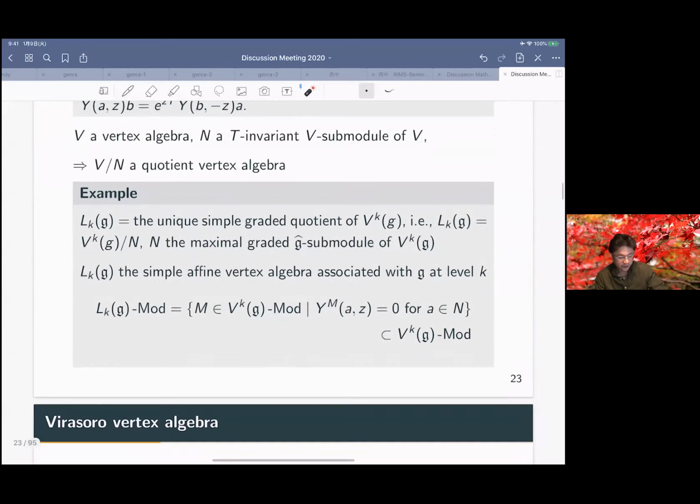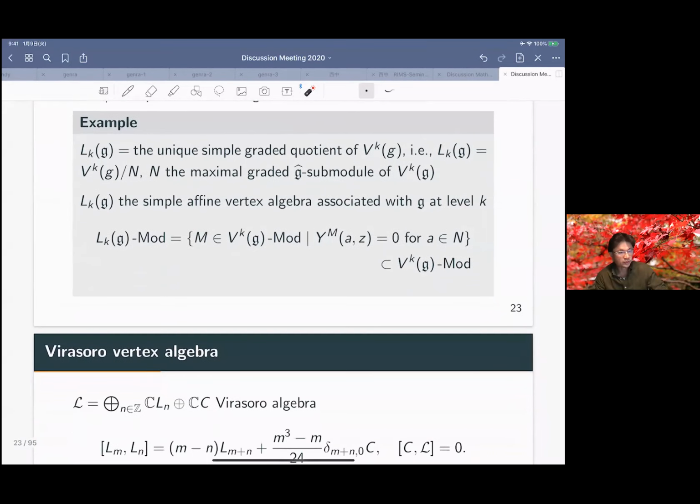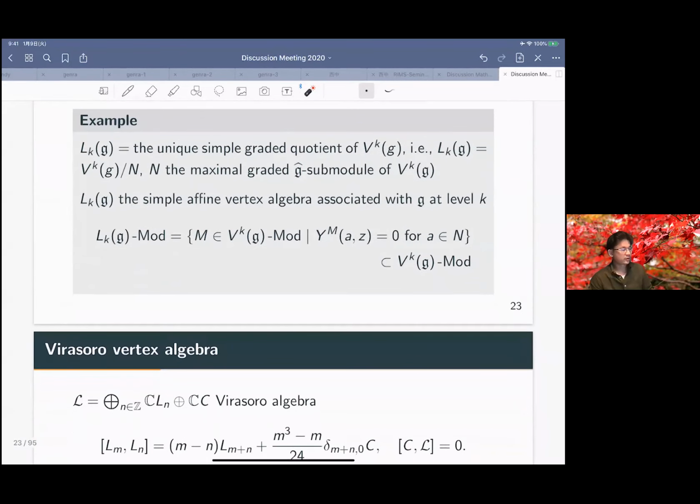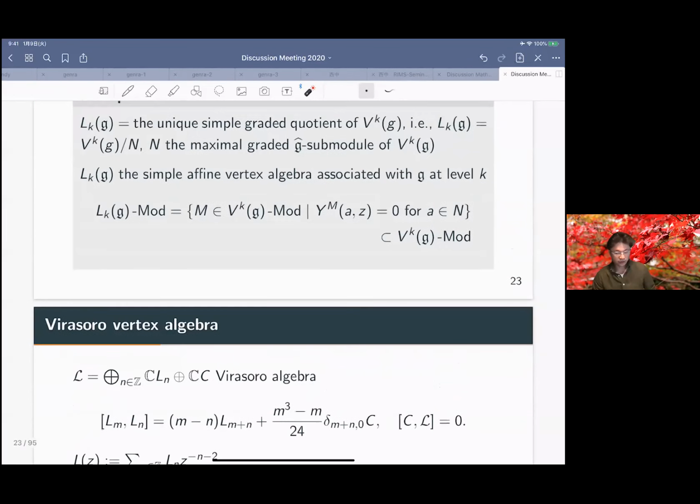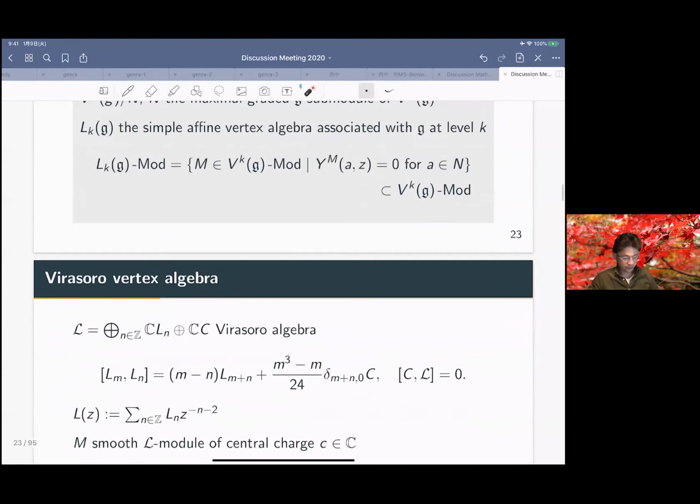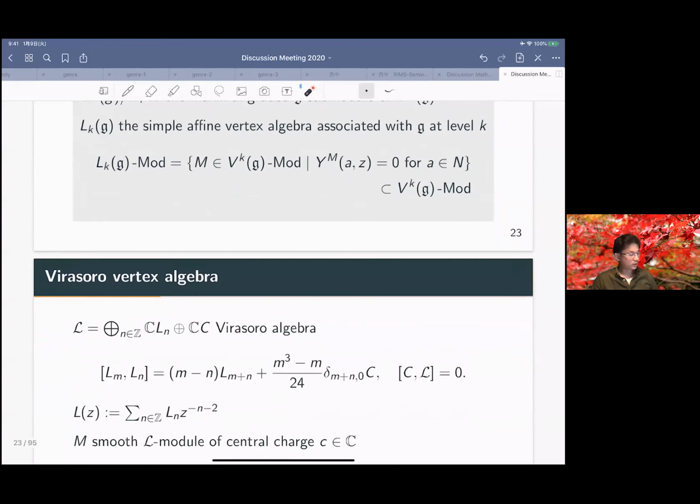And there's another important example, which is the Virasoro vertex algebra. So this is the Virasoro algebra with this commutation relation. And we define the field corresponding to L(z) as this one. So for some reason we shift n, so we use -2 instead of -1.